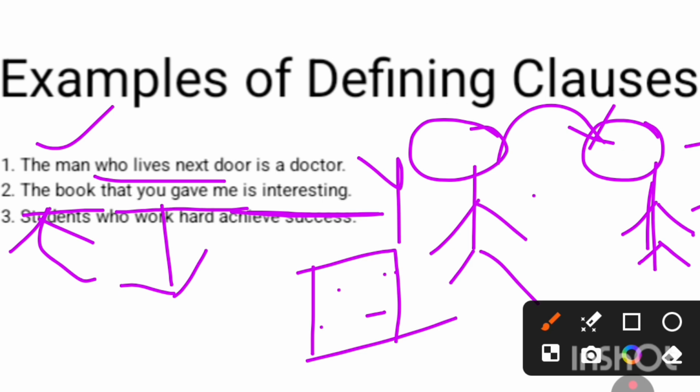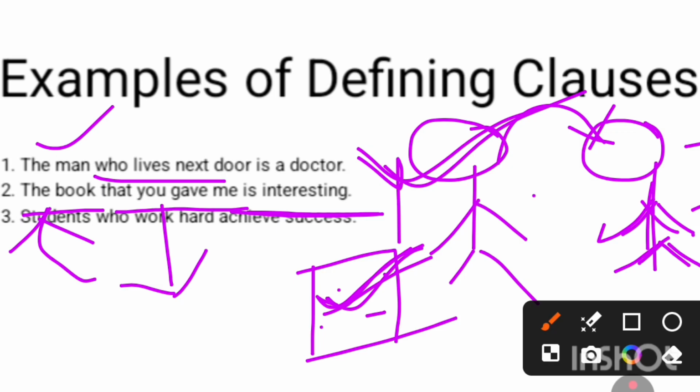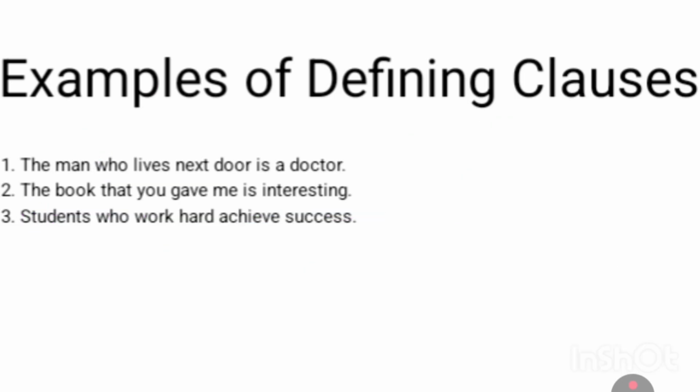Friends, if I give you some extra information about the book, obviously you can understand. Here I am giving you this information, that you gave me. That means you gave me this book yesterday. And I have gone through the book and am telling you that the book is very interesting. Friends, if we add this part, then only you can identify this book here. Friends, I think you can understand.